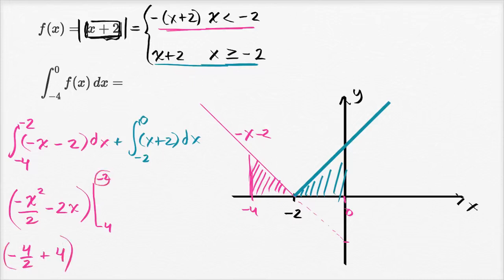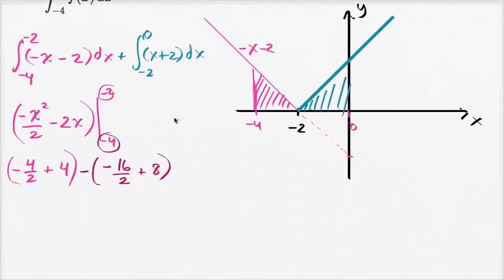And then minus, if we evaluated it at -4, so we're going to have -4 squared is 16 over 2, minus 2 times negative 4, so that is plus 8. So what is that going to give us? So this is negative 2.